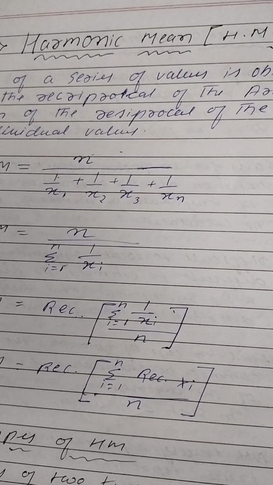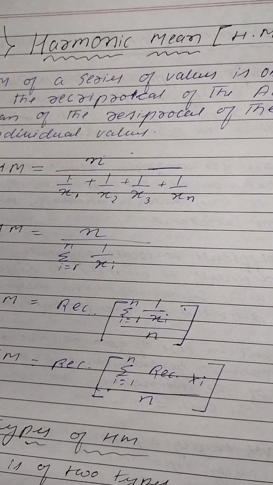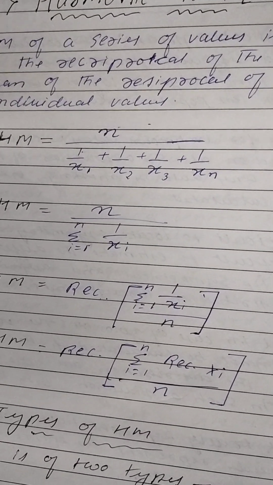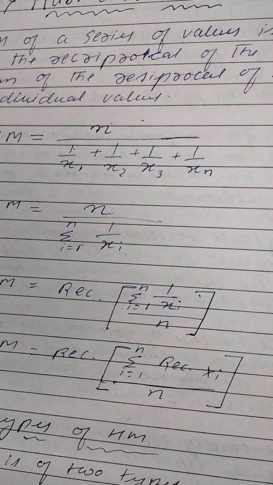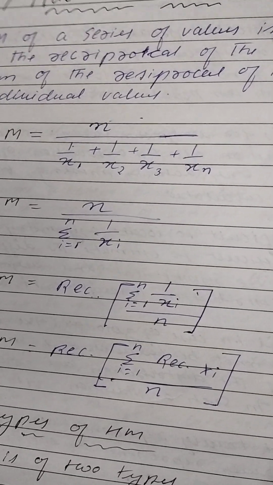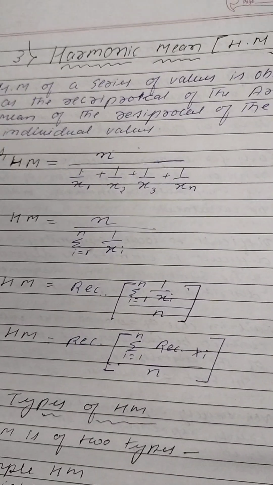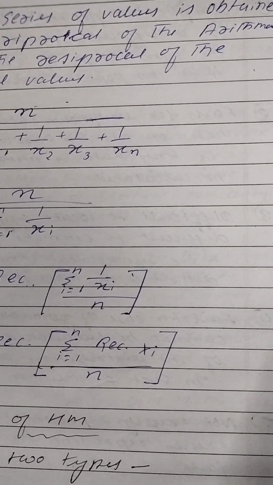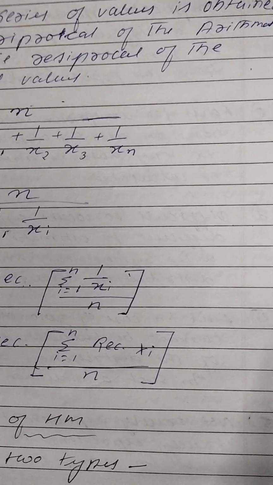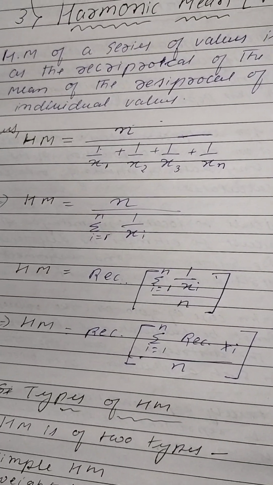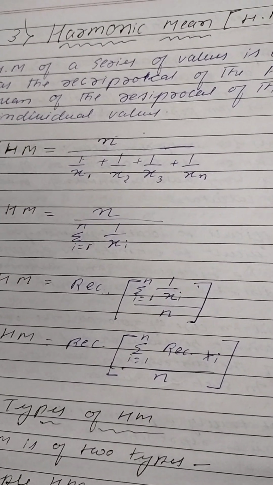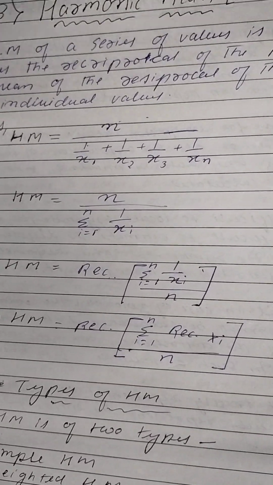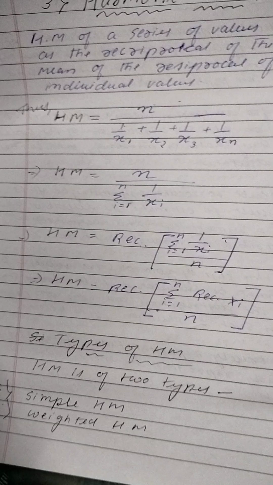When we reverse the formula, we have to write reciprocal. In the formula we have written rec in the short form, and then we reciprocate again the 1 by xi into the normal form. So HM is equal to the reciprocal of the sum of the reciprocals of xi by n. This is the final formula of the harmonic mean.